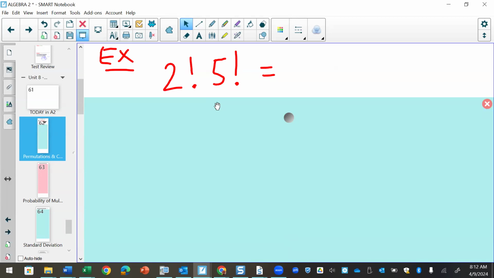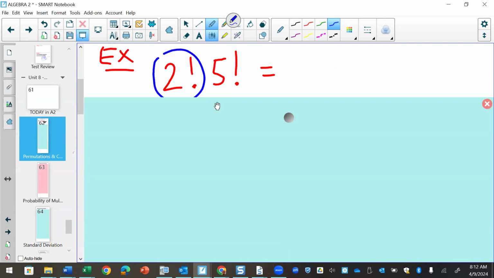Okay, you are 100% doing this in the calculator, but let's write out what it means, because there are going to be other problems that you can do without the calculator that surprise you. What does this mean? 2 times 1.